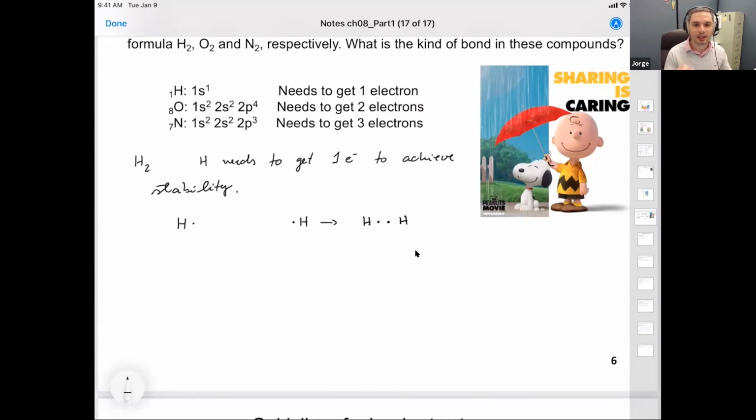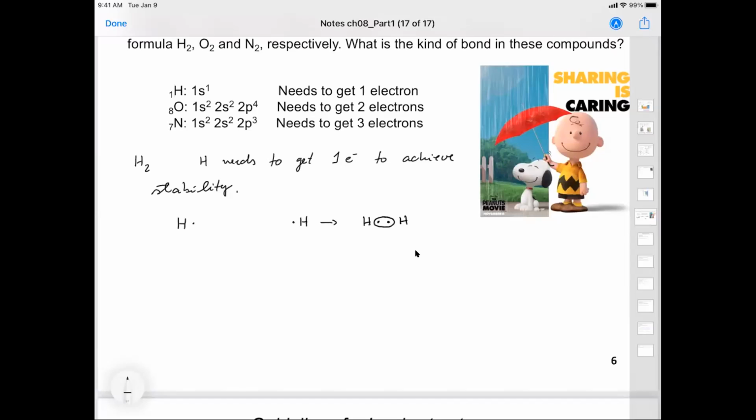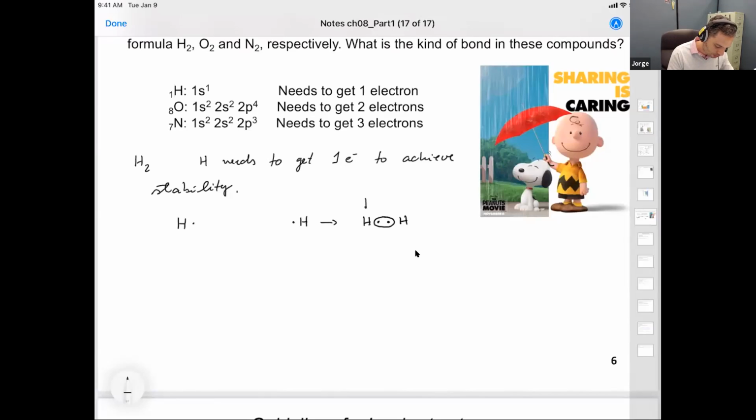And to indicate that the electrons are being shared, we are going to highlight with a circle around the pair being shared. Now, the electrons belong to both hydrogens. So if we look at this hydrogen, now we have 1, 2.